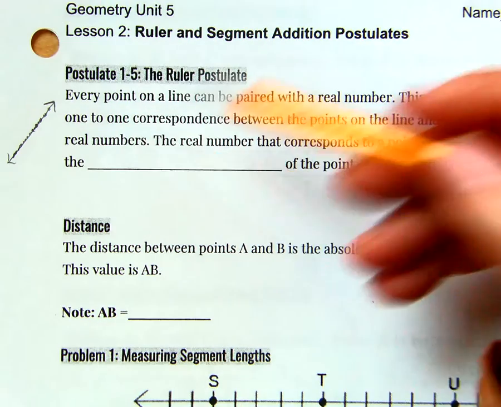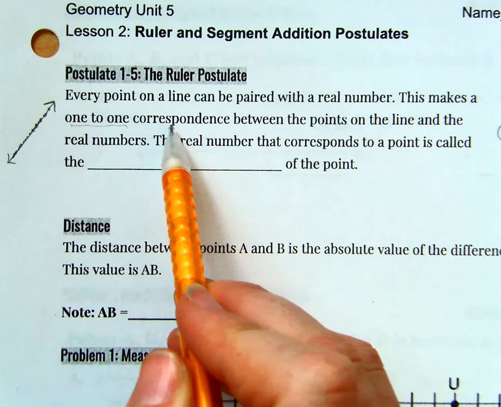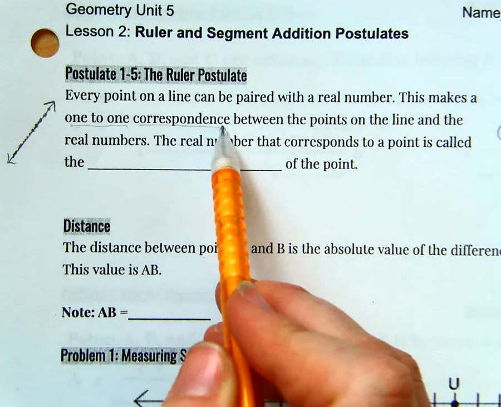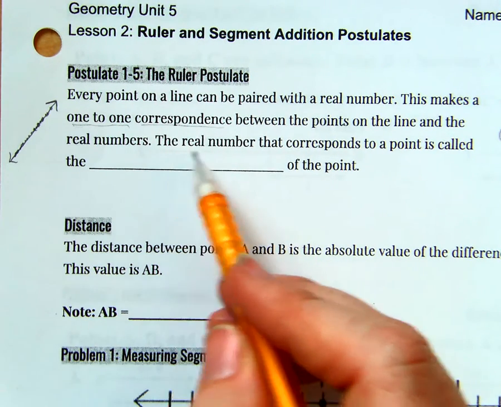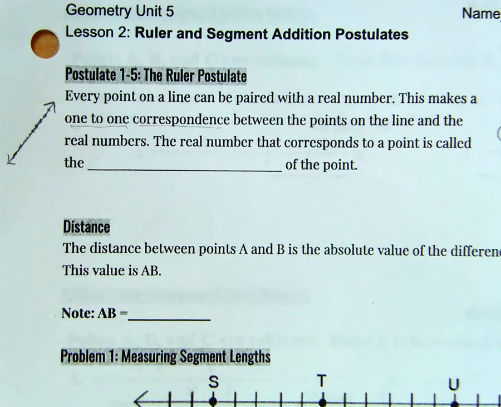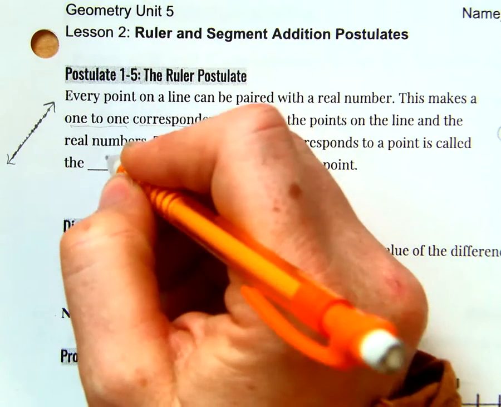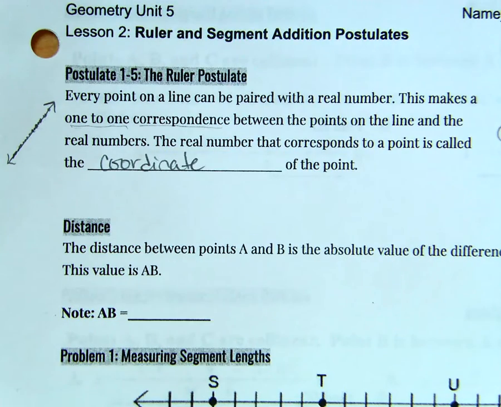This makes a one-to-one correspondence, meaning every point has a number, every number has a point. Correspondence means relationship, sort of, between the points on the line and the real numbers. The real number that corresponds to a point is called the coordinate of the point. The coordinate of the point.